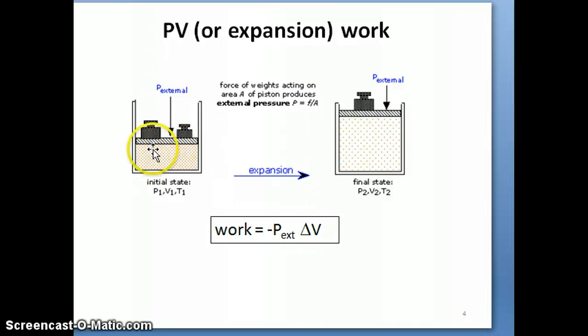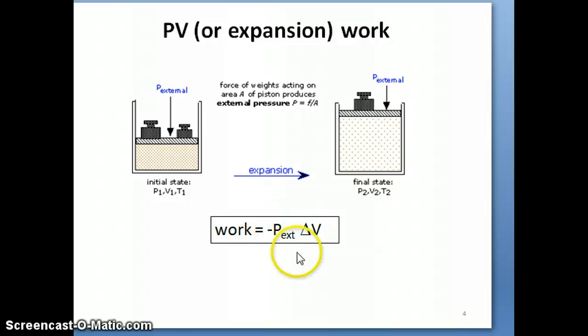So if delta V is positive and pressure is positive, then in order to make that work quantity negative, because the system is doing work, we need to put that negative sign in front of it. So the equation itself is work equals negative P external times delta V.